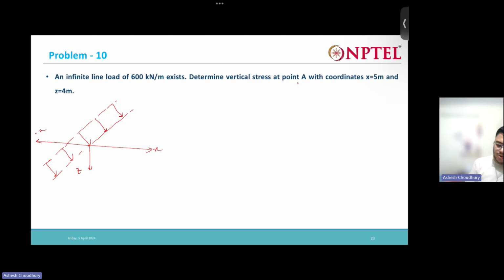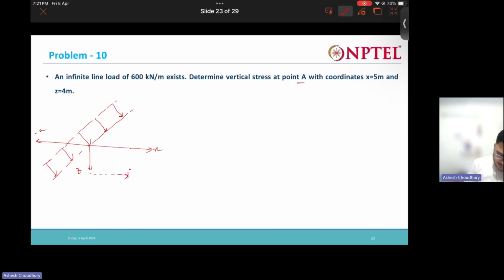The coordinates of the point A are given: x equal to 5 and z equal to 4. So x equal to 5 meter and z is 4 meter.